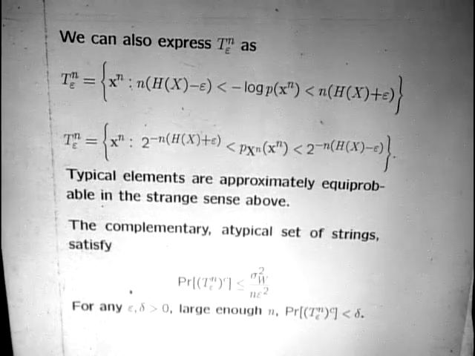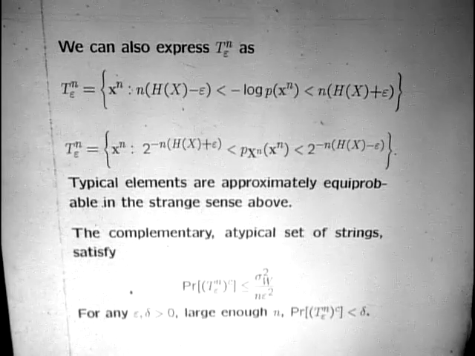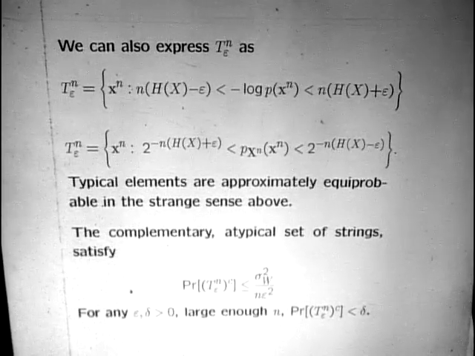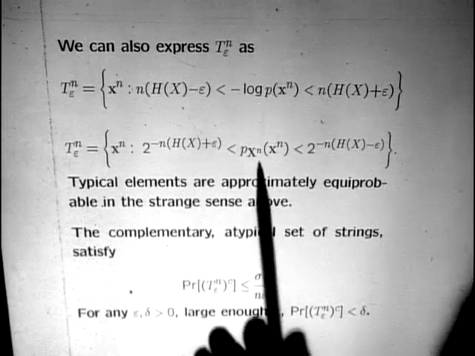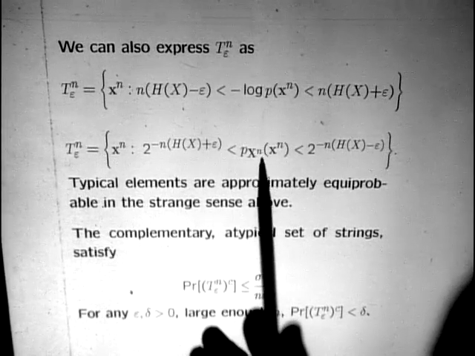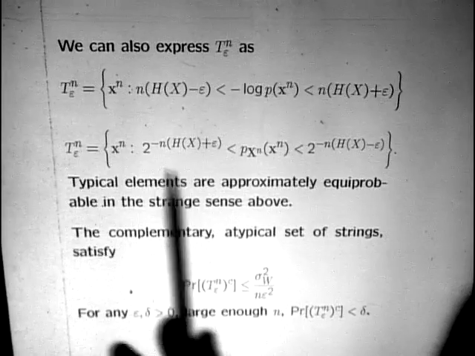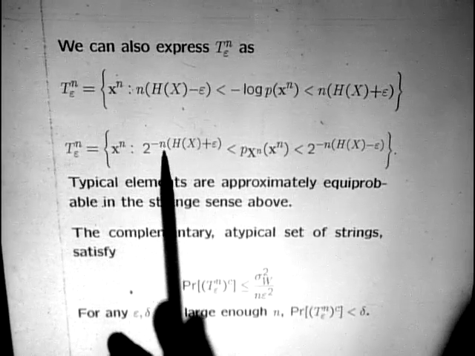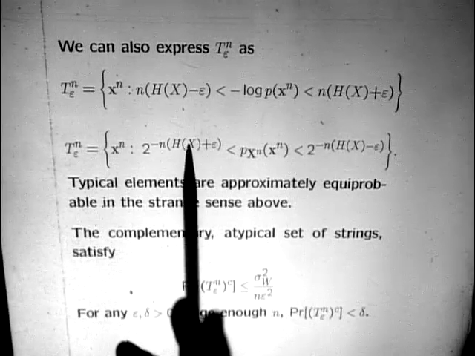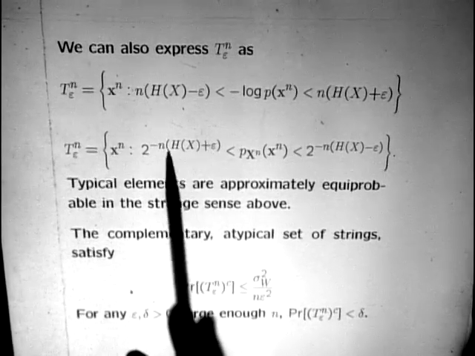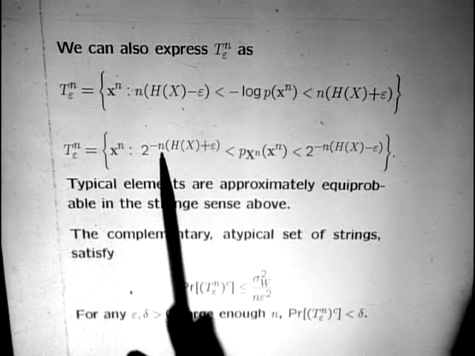Okay, so the typical elements are approximately equiprobable in this strange sense above. Why do I say this is a strange sense? Well, as n gets large, what happens here? This is 2 to the minus n times h of x, which is the important part of this. This epsilon here is multiplied by n.